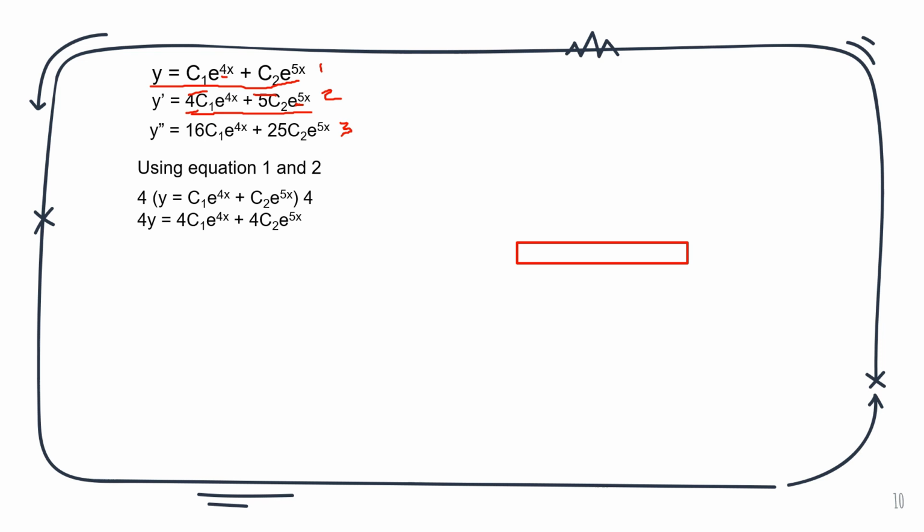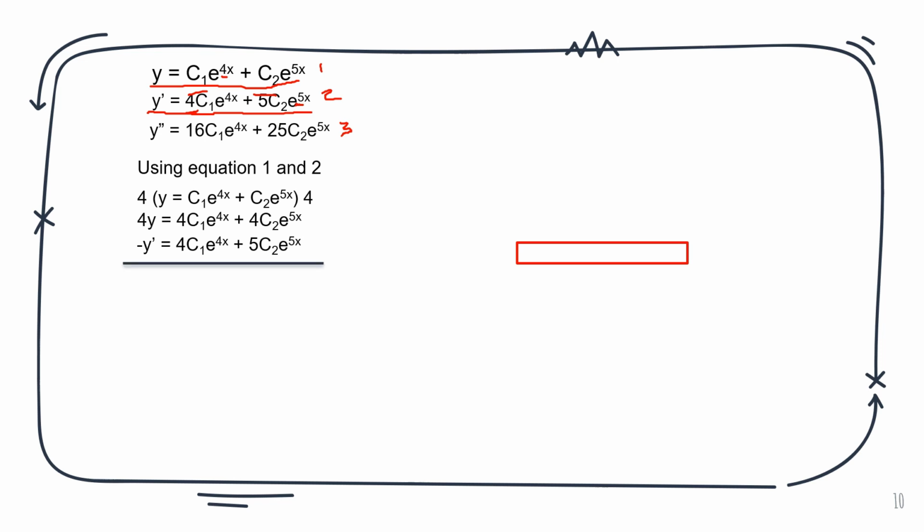So, pagka multiply natin by 4, ay i-minus naman natin itong whole equation ng second equation natin dito sa nakuha nating value.